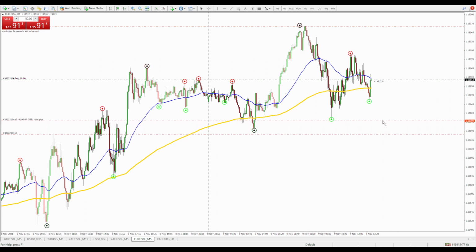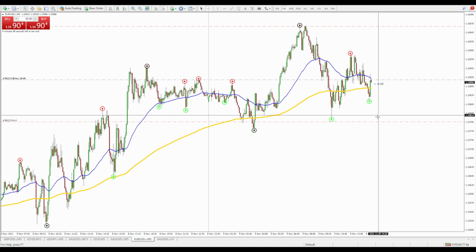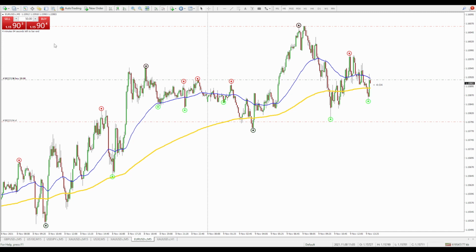There we go, 796 around here, right? So we're risking about, let's see how much we're risking, 11 pips to make 14 pips. Perfect, right? Nice, good risk to reward on this particular trade.